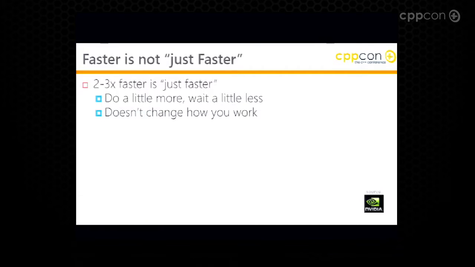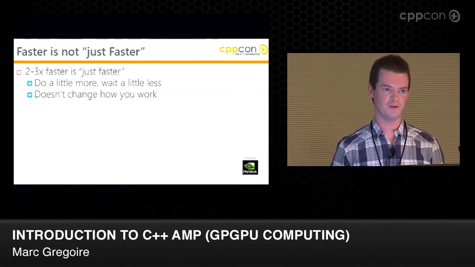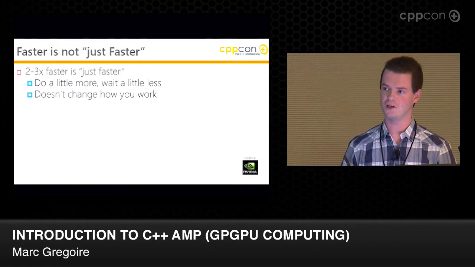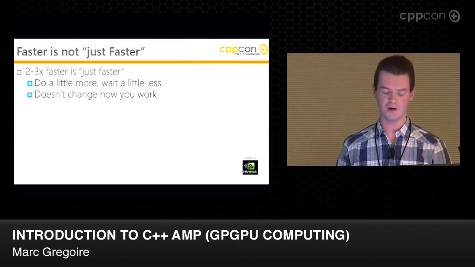So what is faster? If we are talking about a 2 or 3x performance increase, that's just a little bit faster. You do a little bit more work, or you wait a little bit less for the same amount of work, but you're not going to rewrite your application or change your architecture.